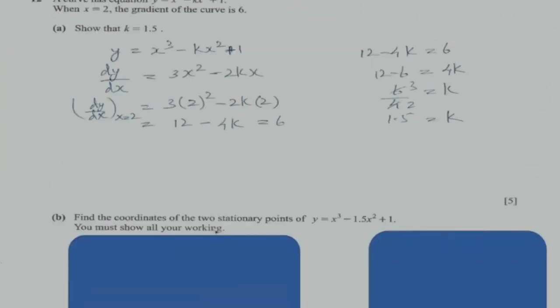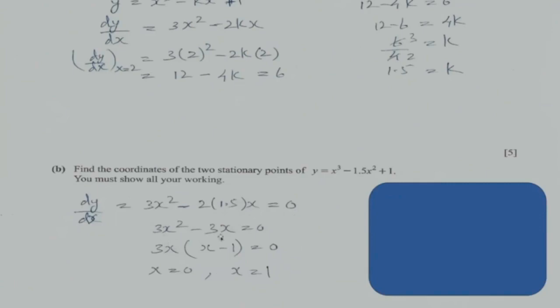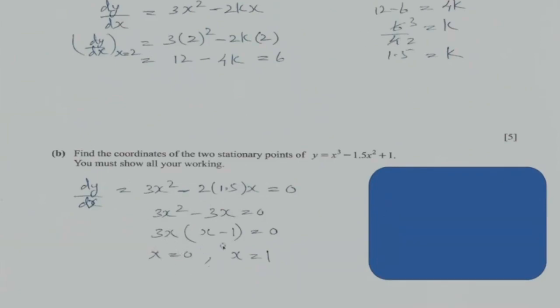Find the coordinates of the two stationary points of y equals x cubed minus 1.5x squared plus 1. You must show all your working. For this one we have to get dy by dx: 3x squared minus 1.5 times 2x equals 0. So 3x squared minus 3x equals 0. Then 3x is common: 3x times (x minus 1) equals 0. So x equals 0, or x minus 1 equals 0, meaning x equals 1.